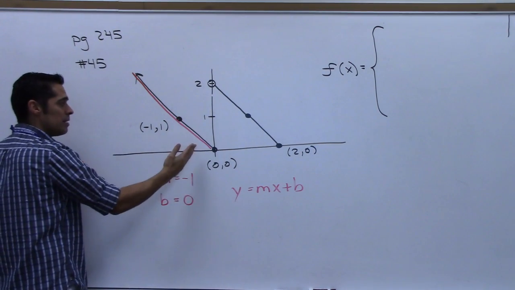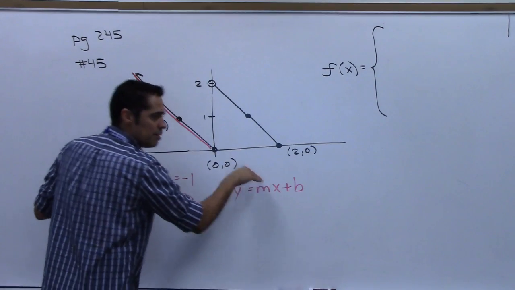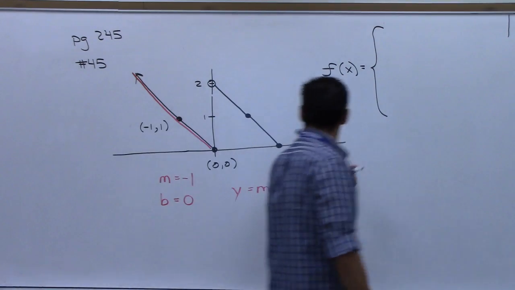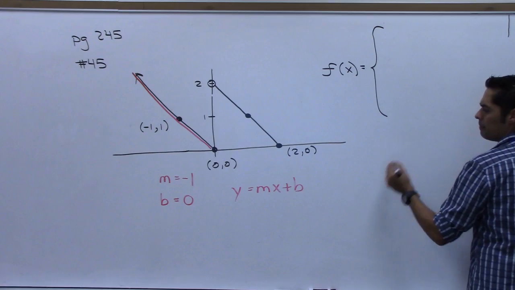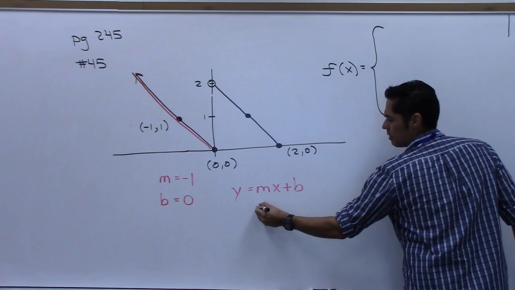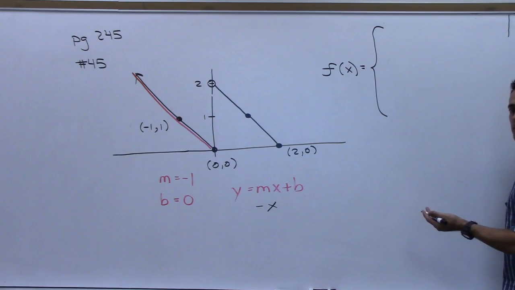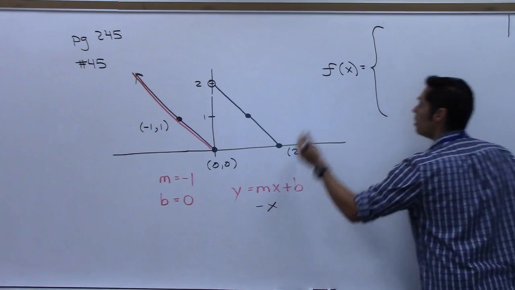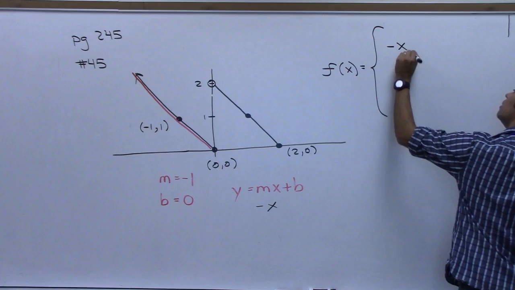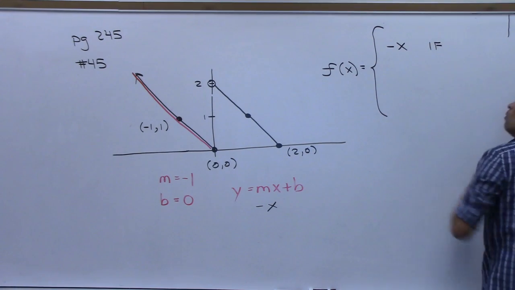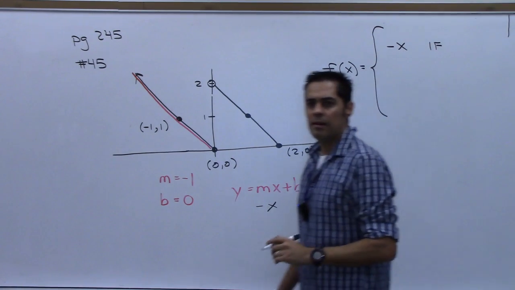But I have to restrict it because it doesn't keep going. It stops here at 0. So what would I get here? If I replace m with -1 in front of x, it's -x plus 0, just -x, right? So y is -x. So this will be -x if, what though? Your x value is what?